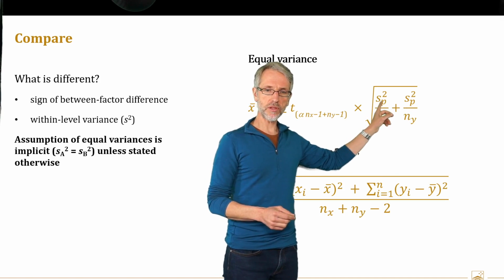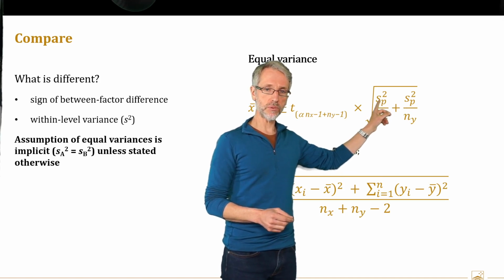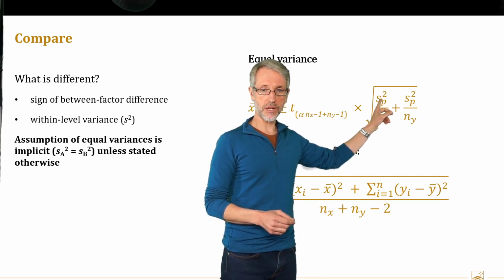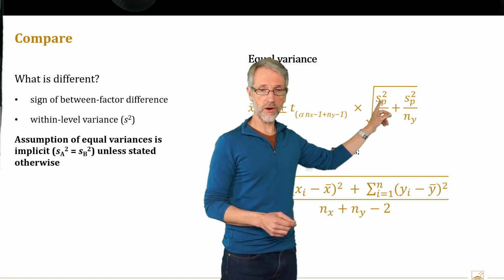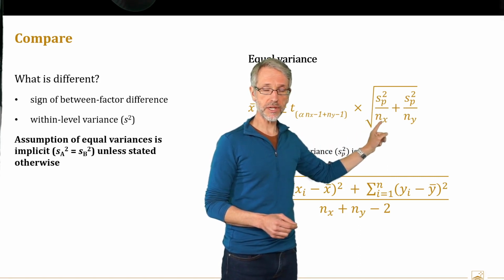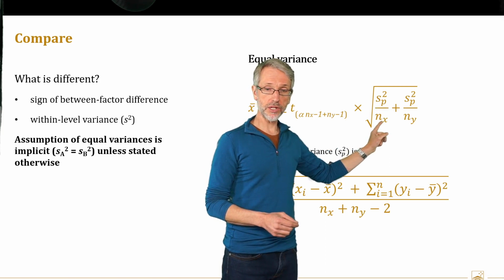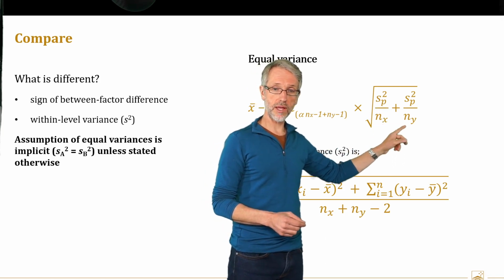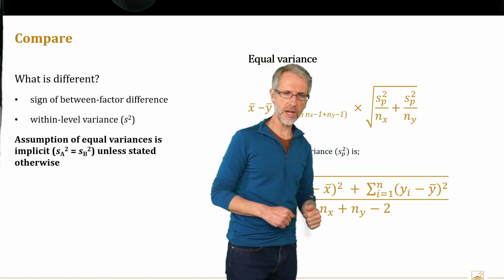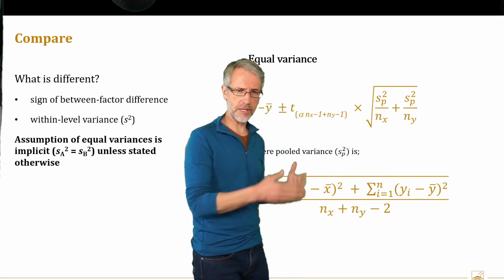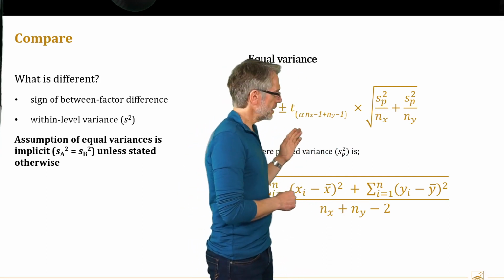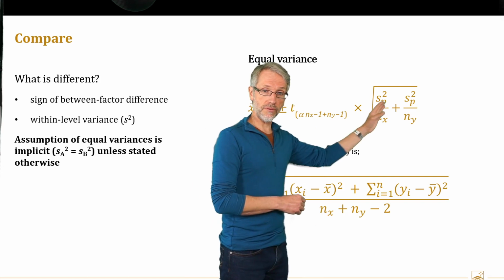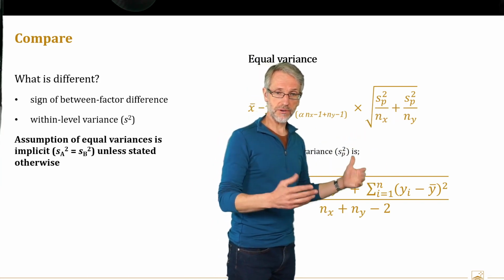Both of our terms here are for a pooled standard deviation, or a pooled variance. And you can see they're divided by two different terms of n, so two different sets of observations. If those n's are the same as in our example, say 6 and 6, then we'll have two numbers here that are exactly the same.